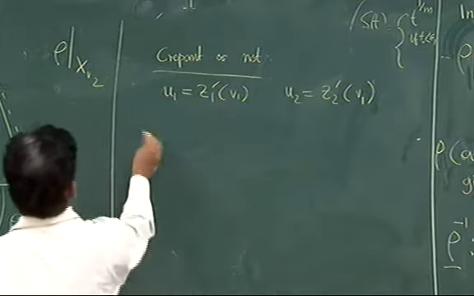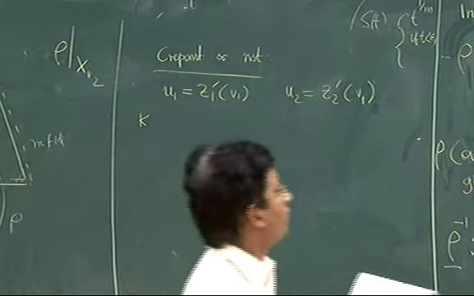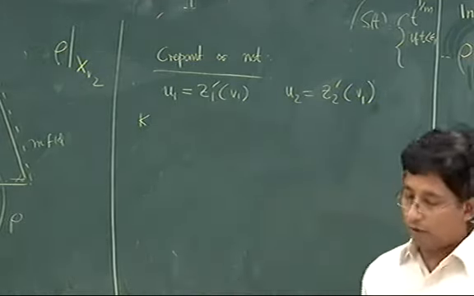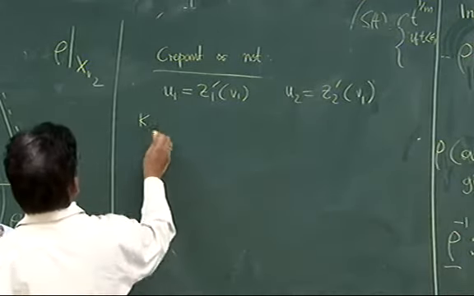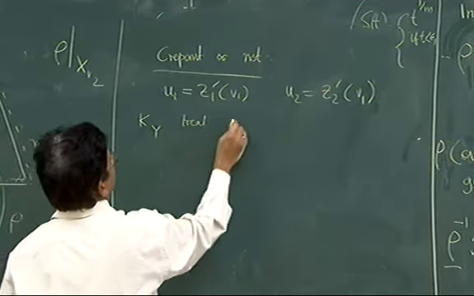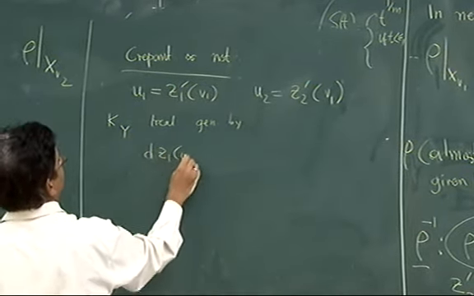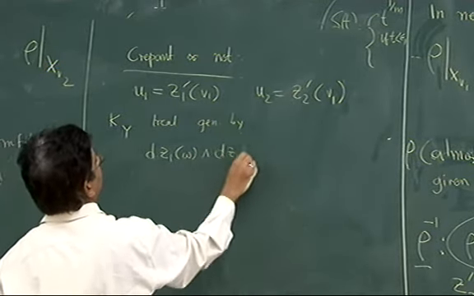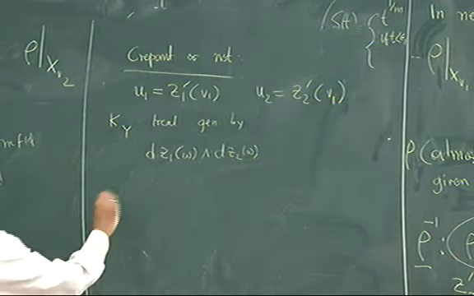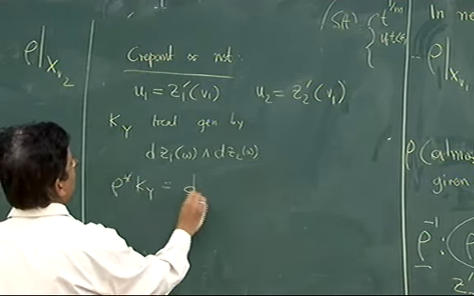So K downstairs, I don't remember what I called it. Oh, Y, okay? K_Y is locally generated by dz1w wedge dz2w, and the pullback rho star K_Y, this is d.